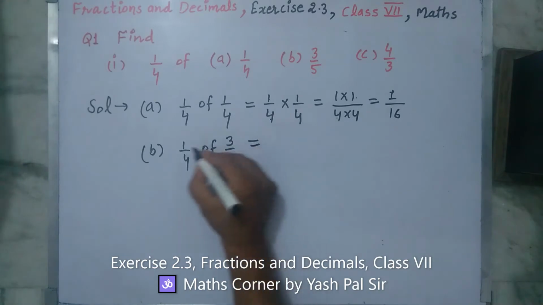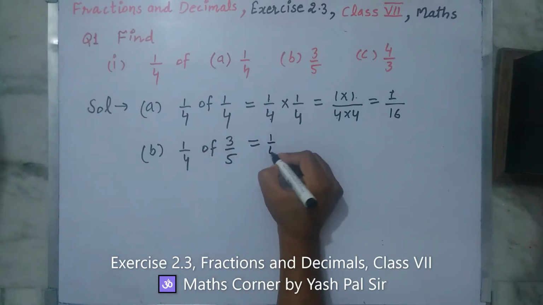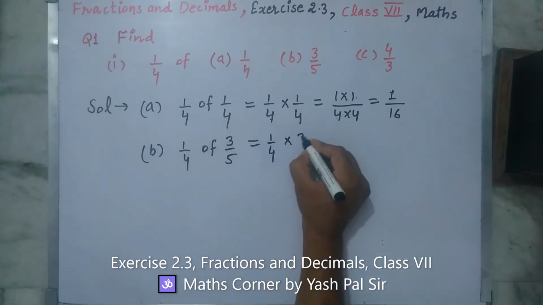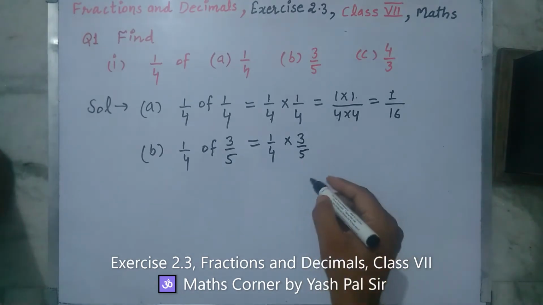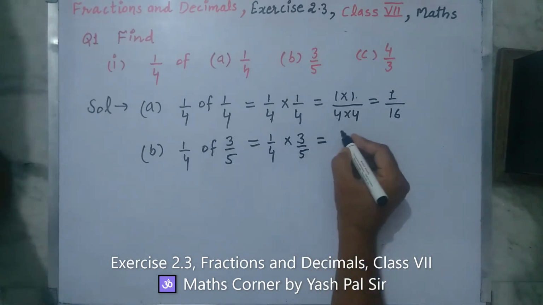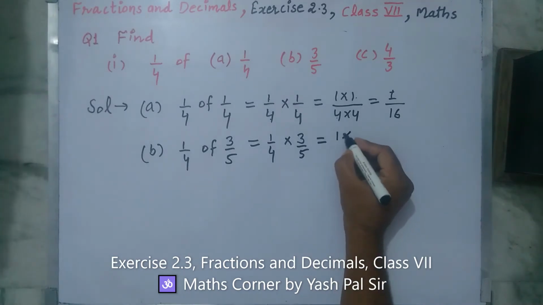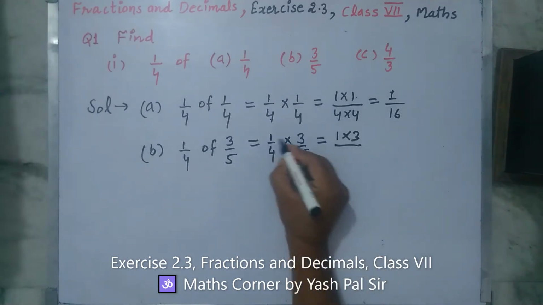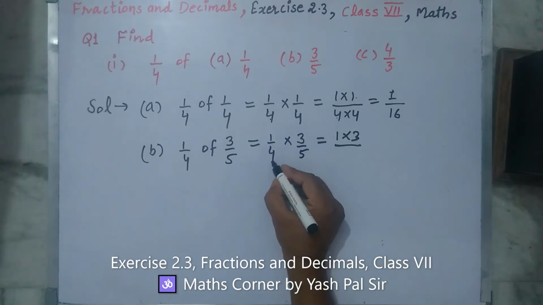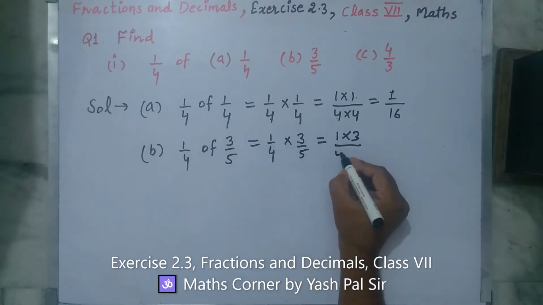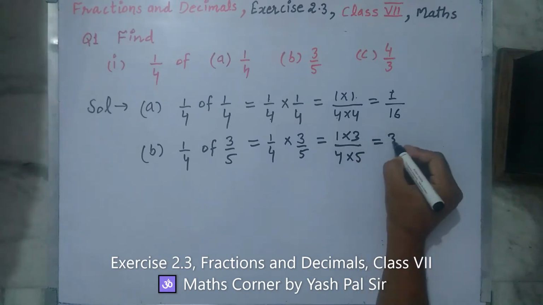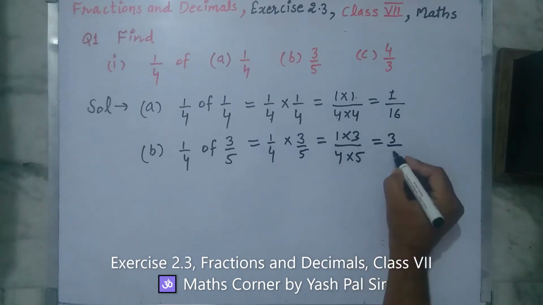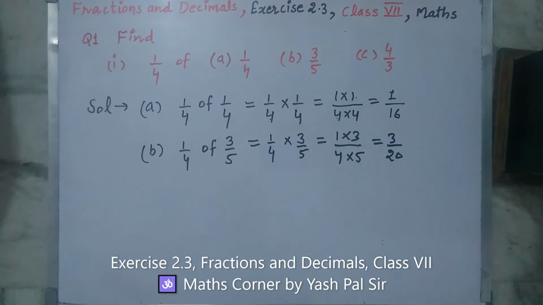This means, first of all, writing this 1 by 4 into 3 by 5. So this is equal to 1 into 3, numerator multiplied, denominator multiplied, 4 into 5, which is equal to 3 upon 20.